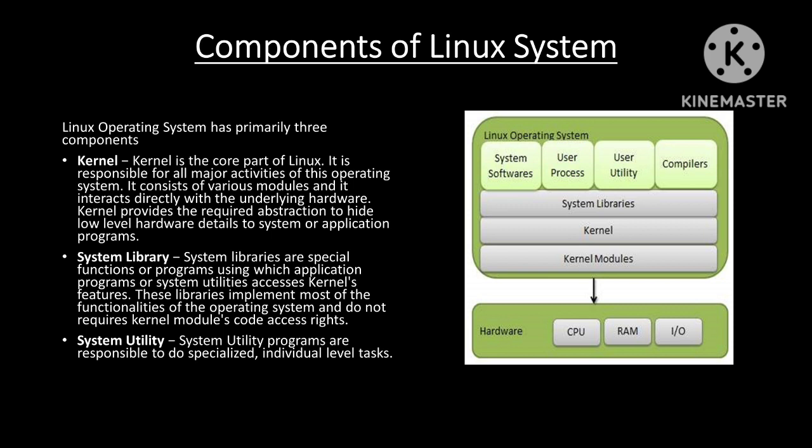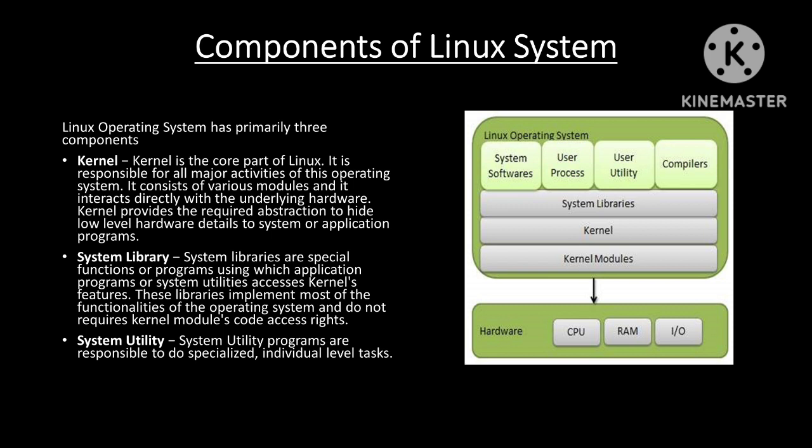It consists of various modules and interacts directly with the underlying hardware. The kernel provides the required abstractions to hide low-level hardware details from system or application programs. The kernel is known as the heart of the Linux operating system. That means the main control part lies with the kernel.